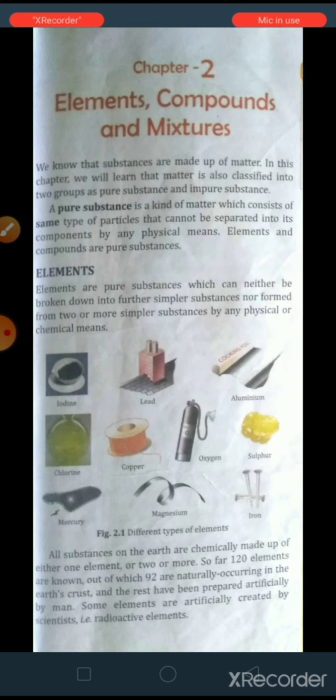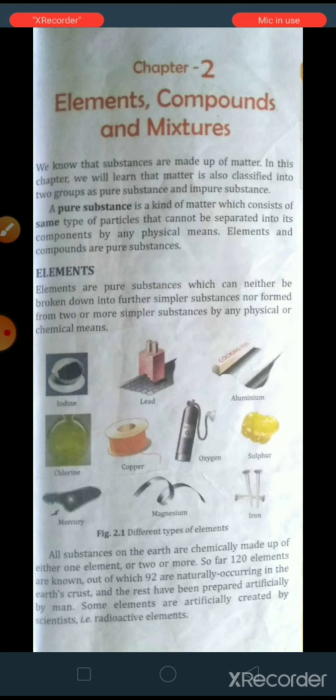Okay, elements are pure substances, that means the same type of particles. We can't separate it, we can't break it down into further simpler substances, as well as we can't form it from two or more simpler substances, that is the element.